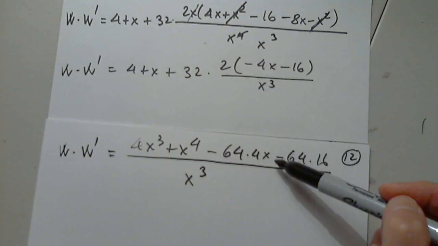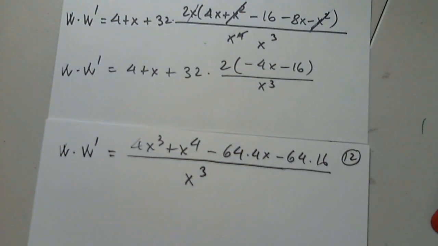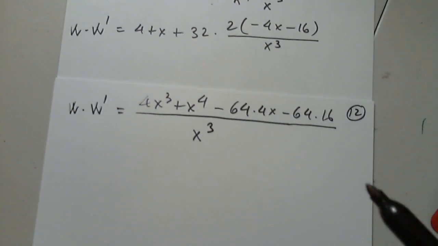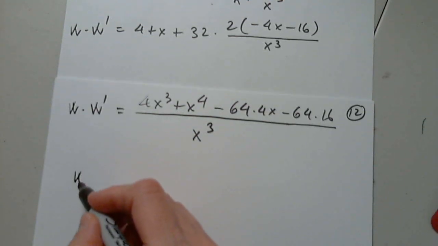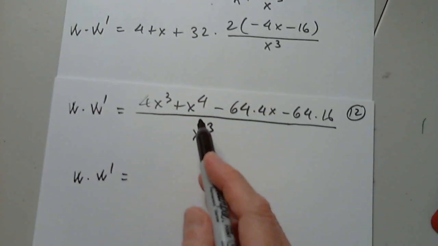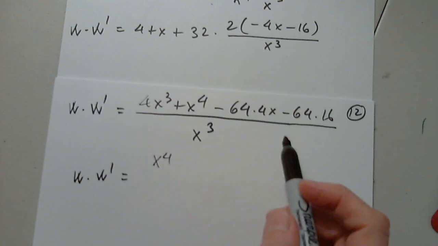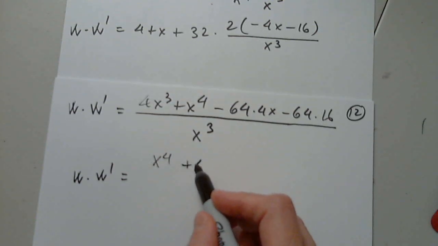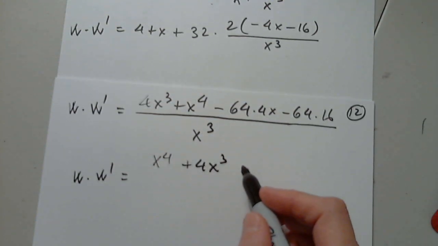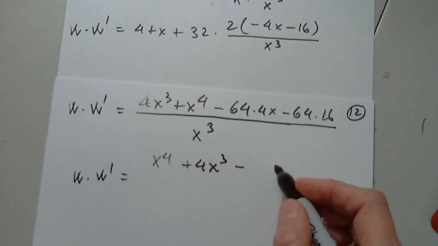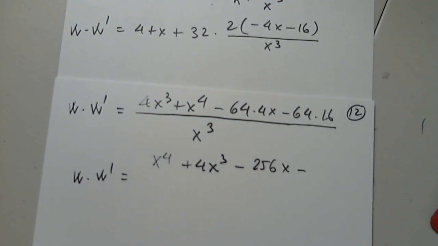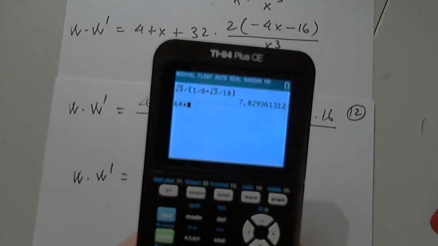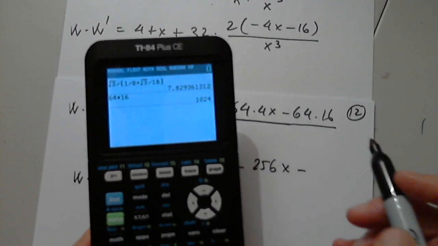Okay, what is going on here? x to the fourth plus 4x to the third minus... and how much is 64 times 16? There must be an easier way than this.